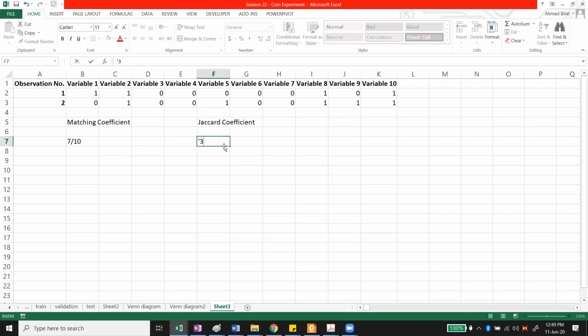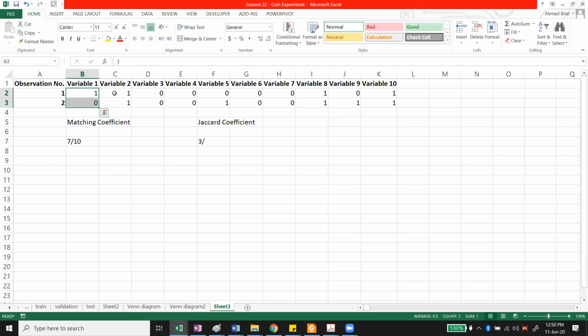That's 3. Then this will be divided by all the variables except the ones where we have both zeros. तो हम सिर्फ वो consider करेंगे जहाँ पे we have at least one case जहाँ पे एक one आ रहा हो, right? So we have one case here, we have one variable here.